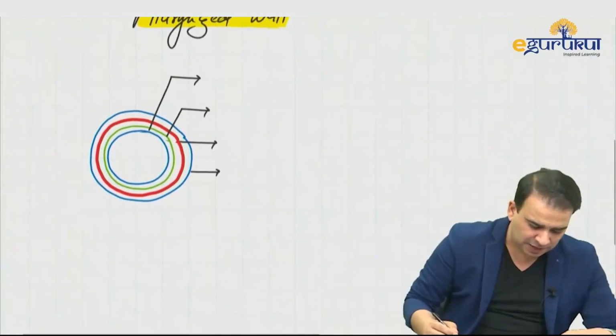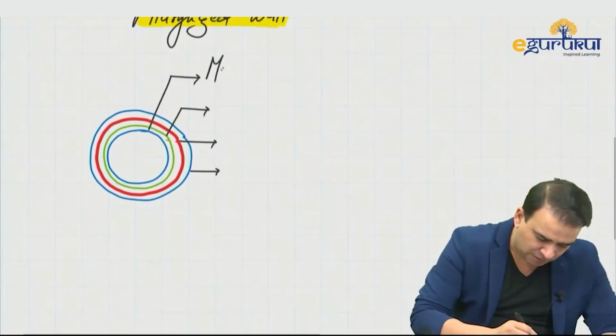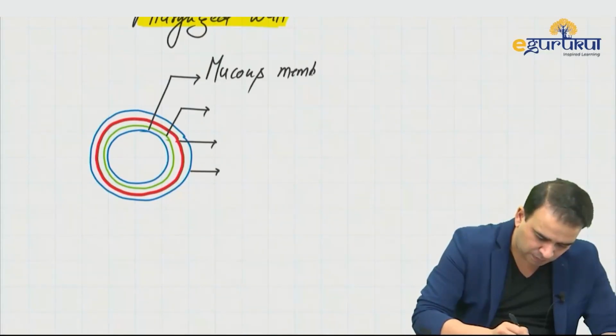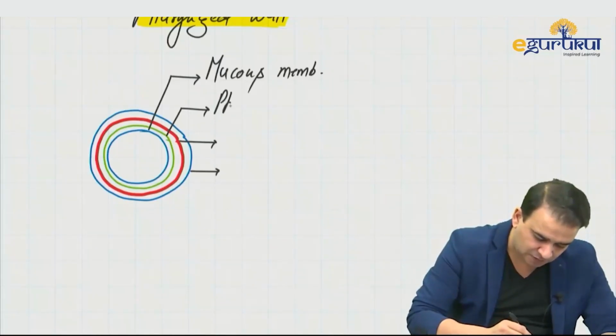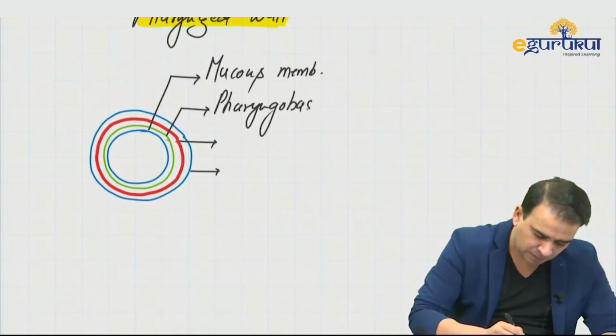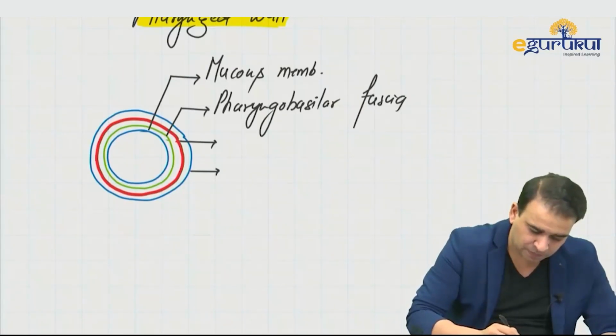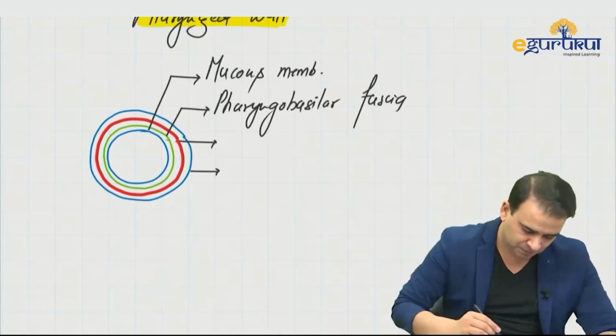As I said, the innermost layer is the mucous membrane. Outside the mucous membrane, that fascia is the pharyngobasilar fascia.